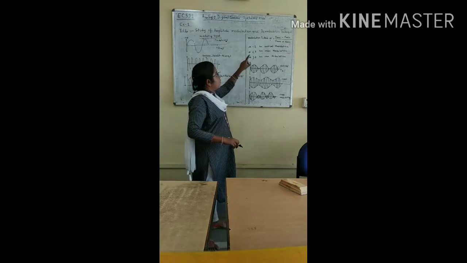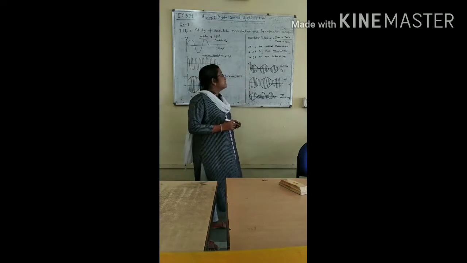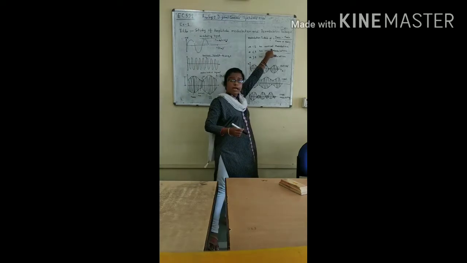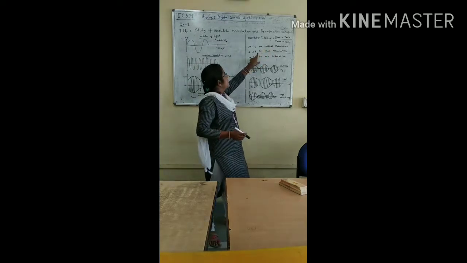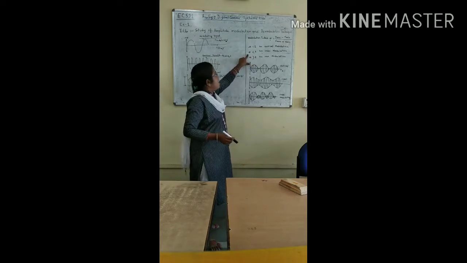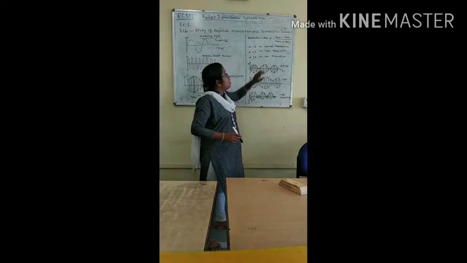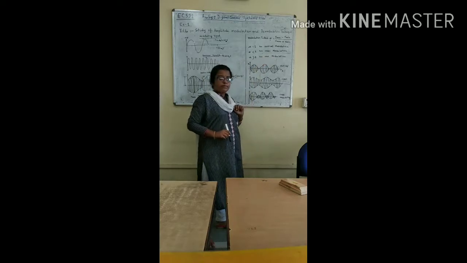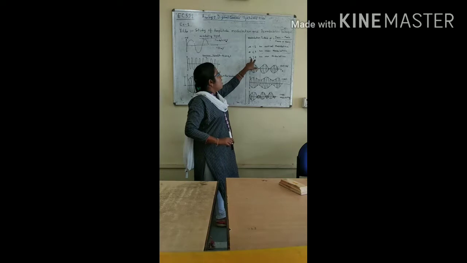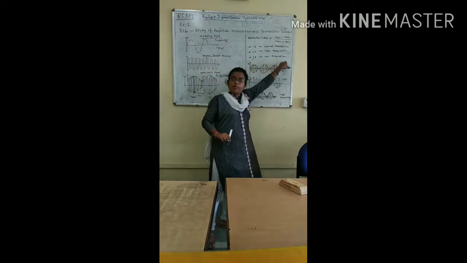When the modulation index is 1, this type of modulation is called critical modulation. When the modulation index is less than 1, it is called under modulation. And when the modulation index is greater than 1, it is called over modulation.